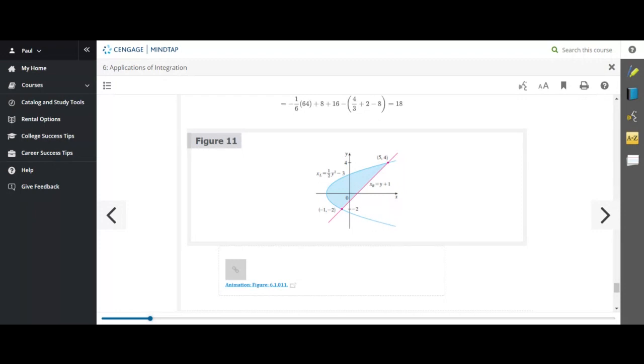The intersection points can be found by setting the two equations equal to one another. Well, actually, that's a little bit difficult. Let me go to the whiteboard here.